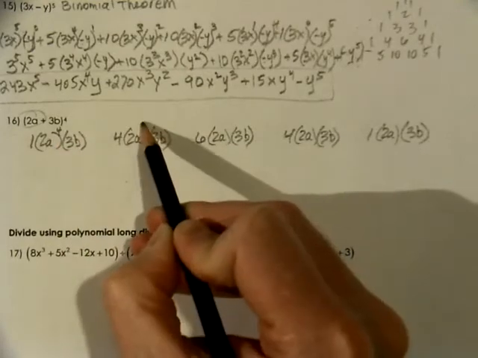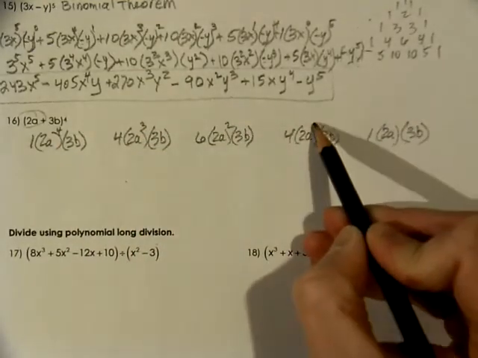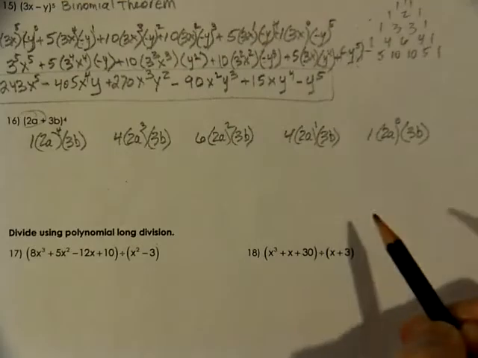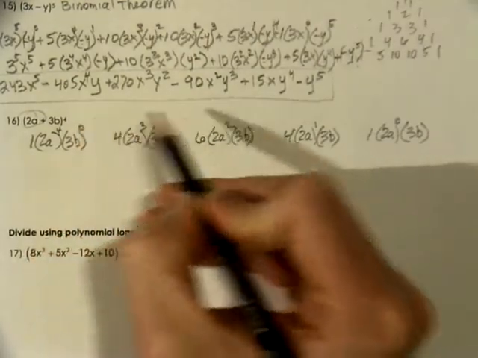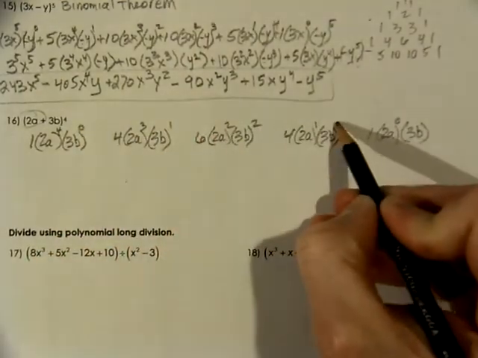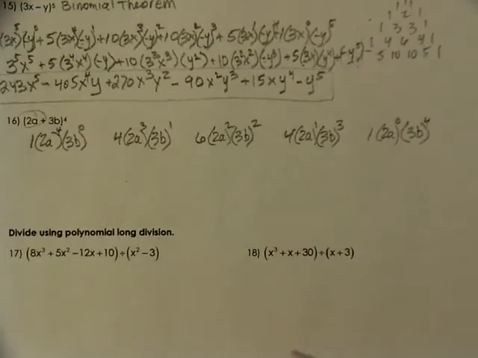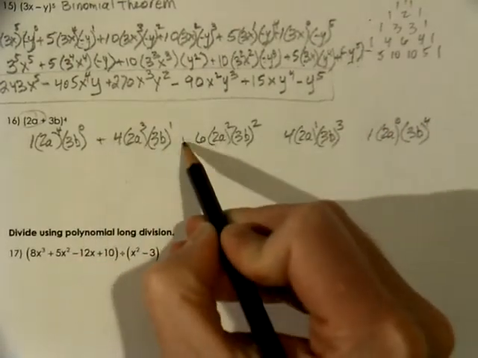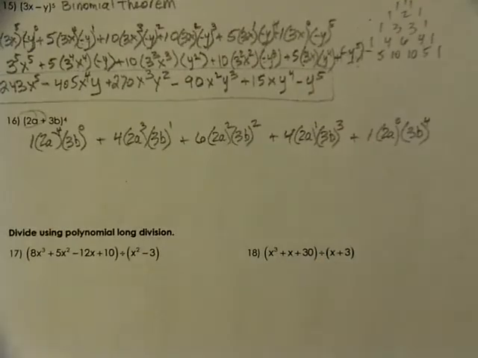Well, 4, 3, 2, 1, and 0 of them. This would be 0 of them. 1, 2, 3, and 4. We always put a plus in between.